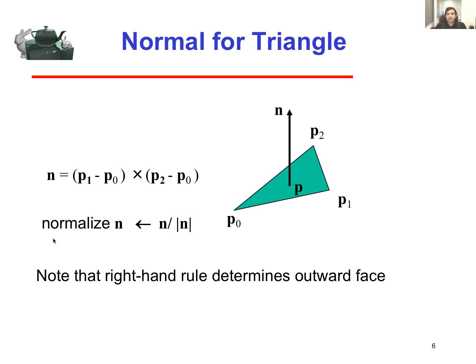Note that the right-hand rule applies, and here it determines that this triangle is outward facing. We sweep from this vector to this vector, and our right thumb is going to show the up direction.